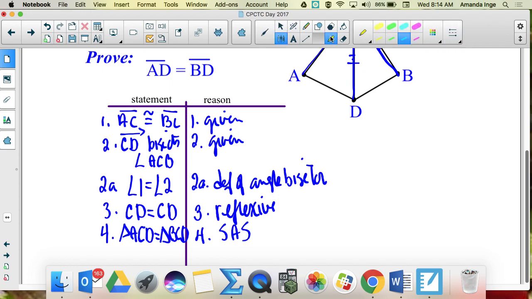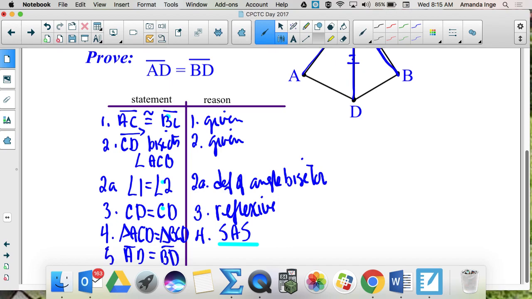You have a side, an angle, and a side. And then now we can say that AD is congruent to BD. Alright? And the reason would be corresponding parts of congruent triangles are congruent.